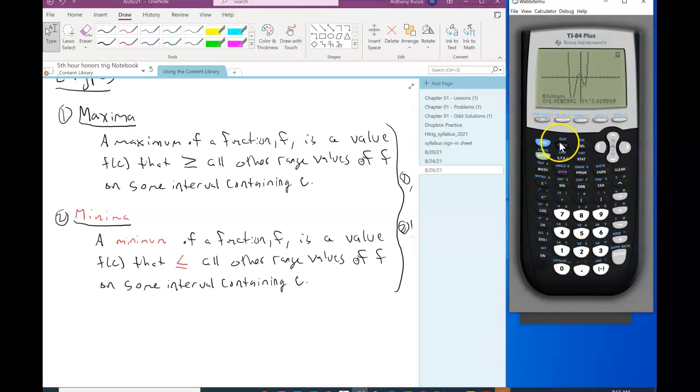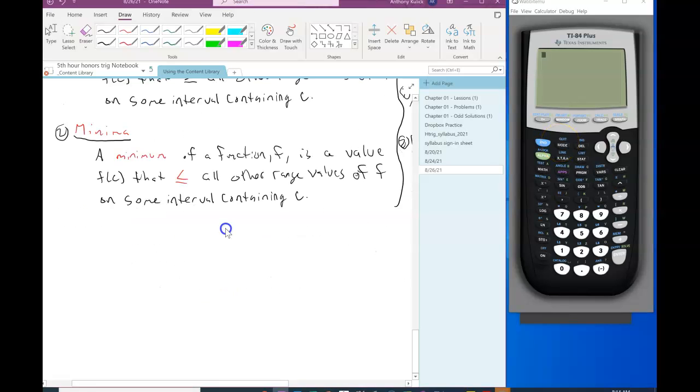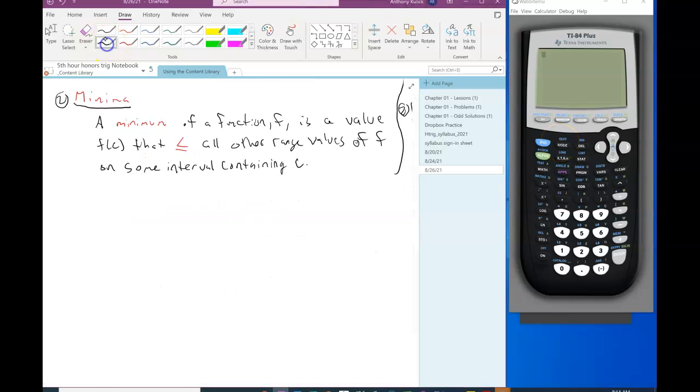Well, let's do an example here. Let's say we have f of x equals x to the fourth plus 2x cubed minus 4x squared minus 3x plus 1.